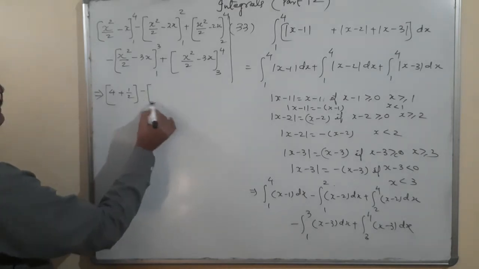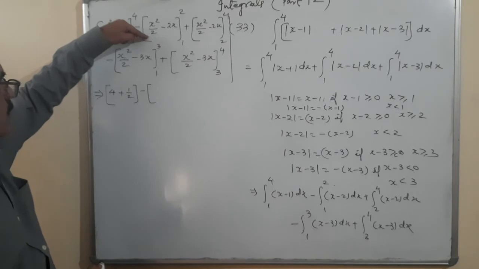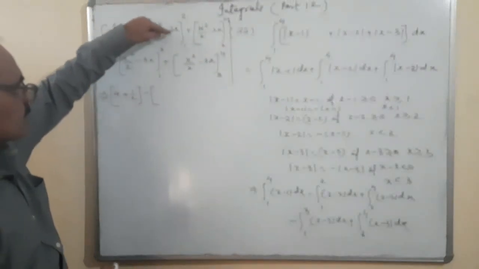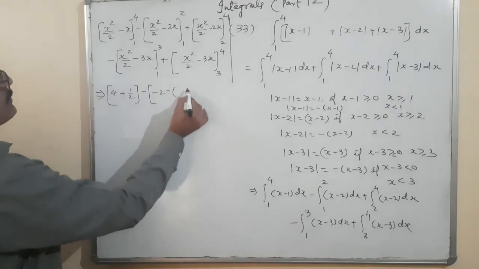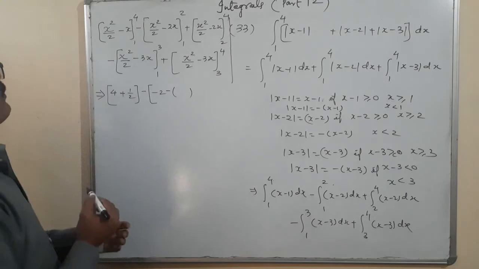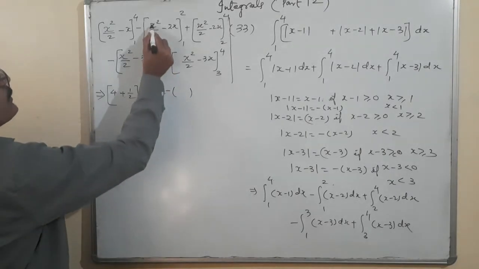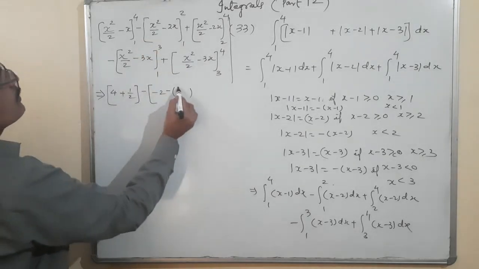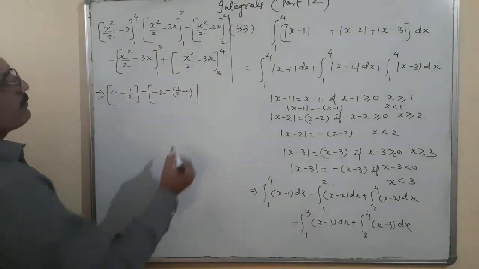Minus. Second term, 2. 2 to the 4 upon 2, 2 minus 4, minus 2, minus lower limit. Lower limit when I put 1, 1 upon 2, 1 upon 2 minus 2. I can put here 1. So what is coming here? 1 upon 2 minus 2. Okay. Plus.